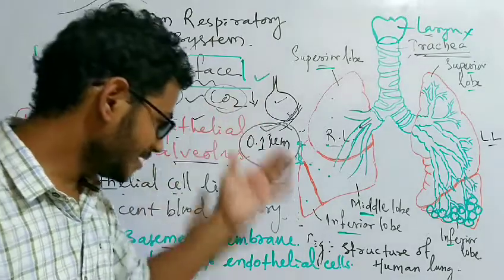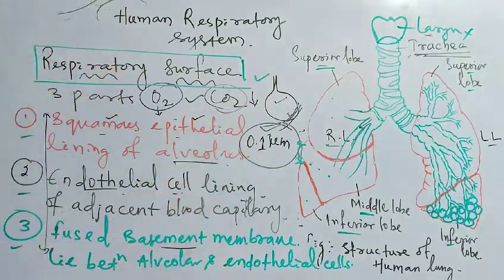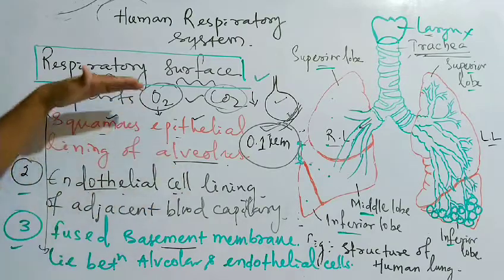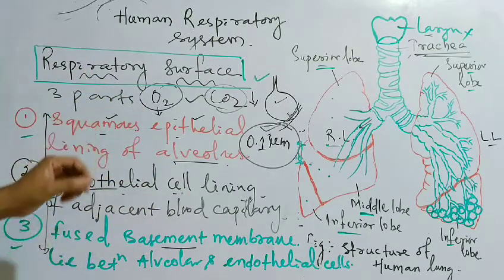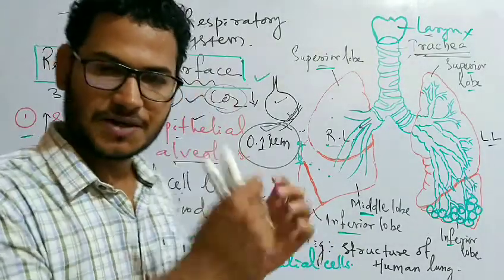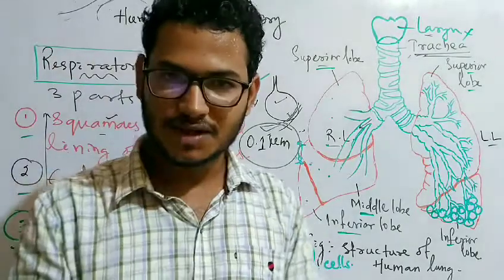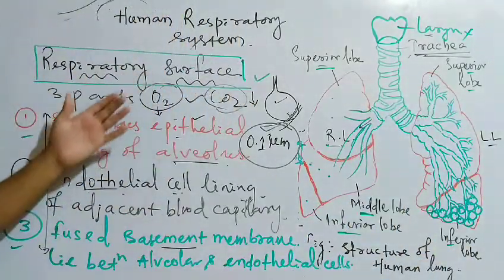The wall separates the blood and the air by a very small distance. So gaseous exchange across the respiratory surface, or respiratory membrane, proceeds very rapidly. This exchange of gases from the alveoli to the blood, and from the blood to the alveoli, occurs very rapidly.